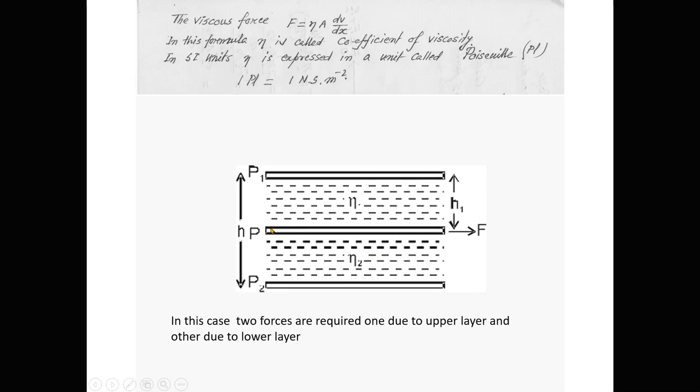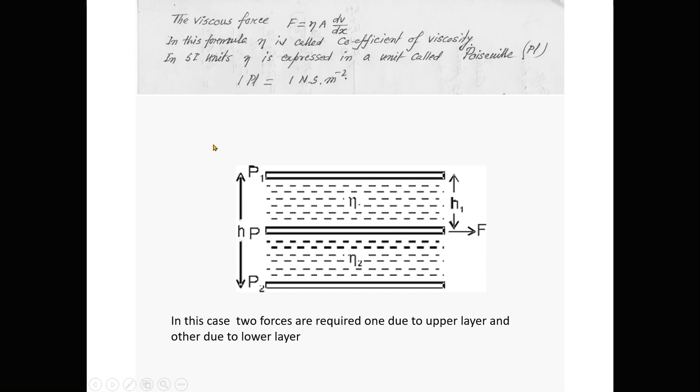So when this plate is pulled, you have to consider two forces, one force due to the lower layer and the other due to the upper layer. Actually, this is a complicated problem, and it will be discussed again in the next section. You have to remember this figure. Actually, this figure has been drawn to make you acquainted with the complicated problem.